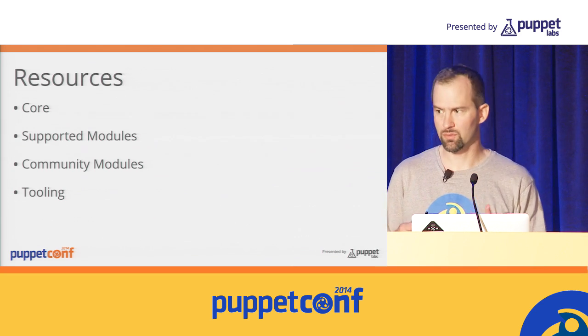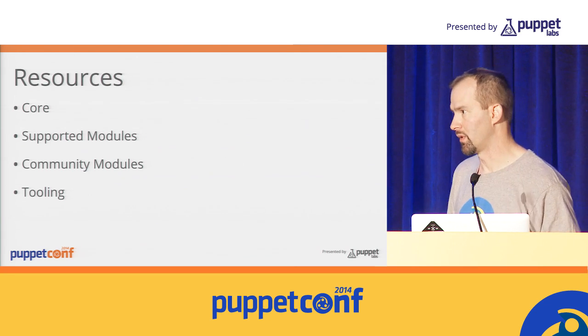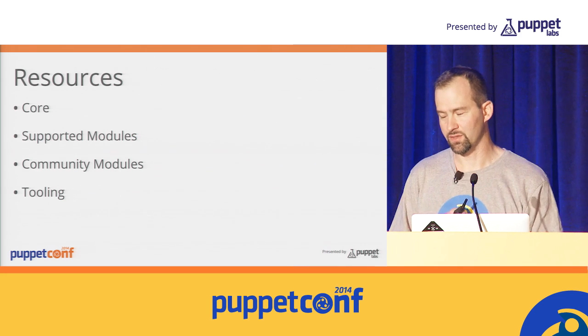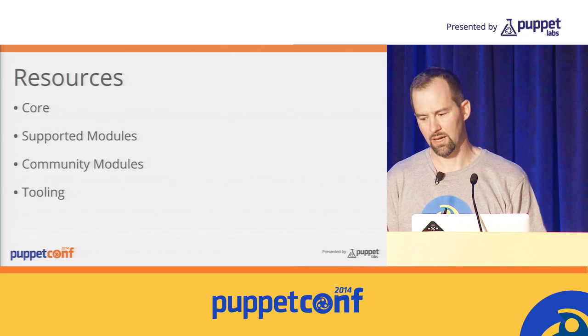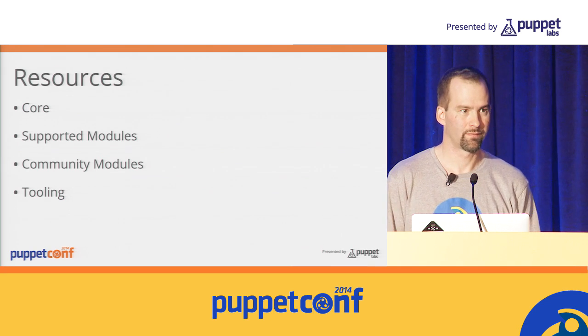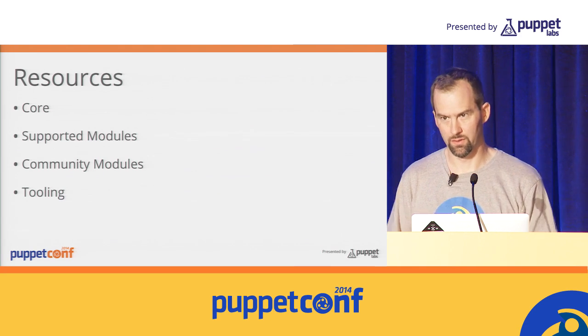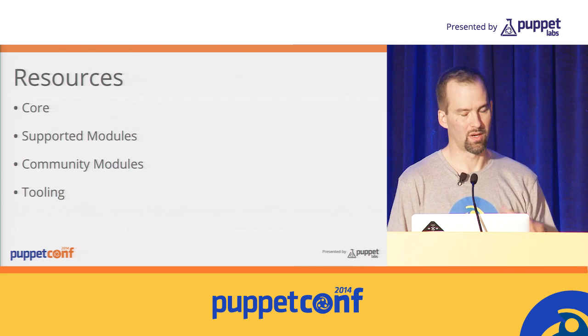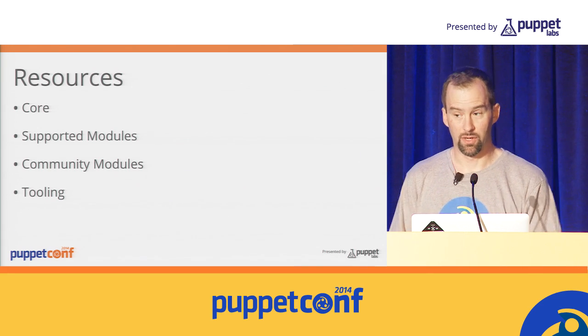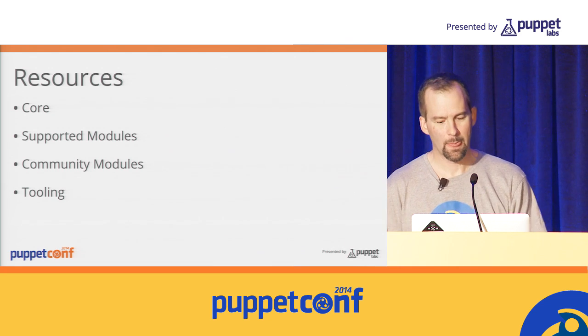A module, in Puppet terminology, is our packaging format, so it allows you to distribute. If you write a new thing for managing certificates on Windows, you could package that up into a module and publish it to our Forge. And then I'm also going to talk about tooling that's available for writing manifests.